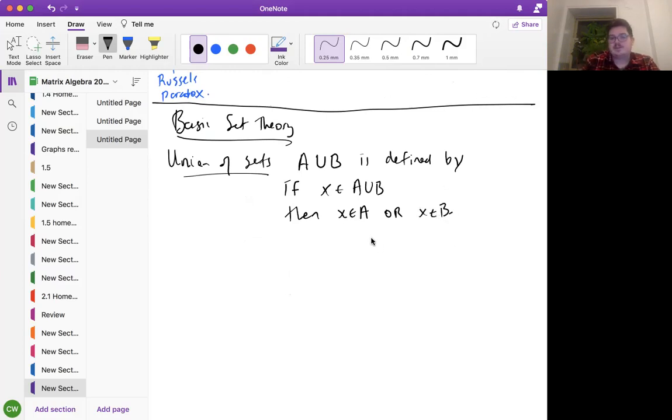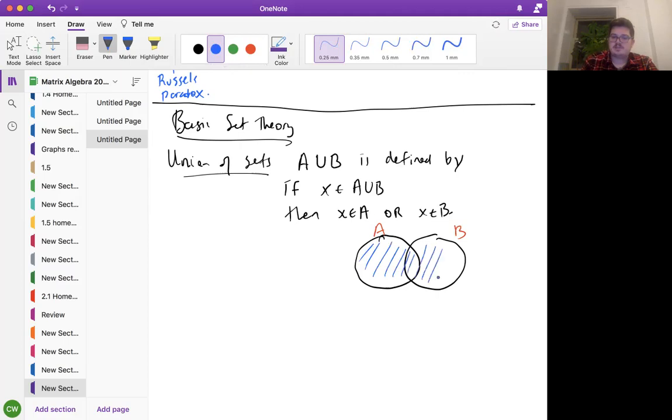So we have that example, right? We have a Venn diagram. If this is A and this is B, the union is everything. This is A union B. It could be in both. That would mean it's in A or it's in B, right?